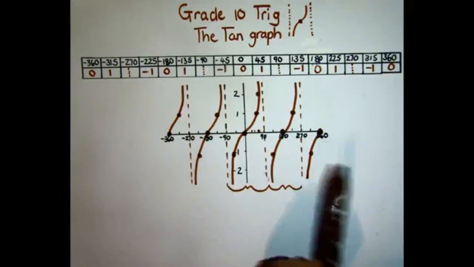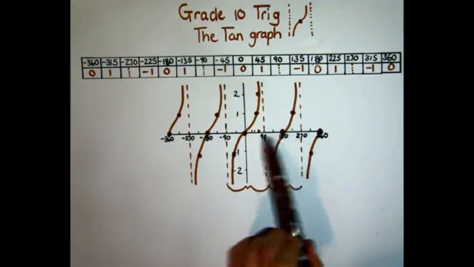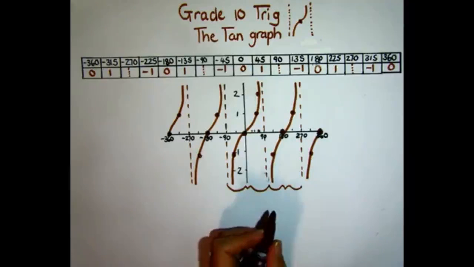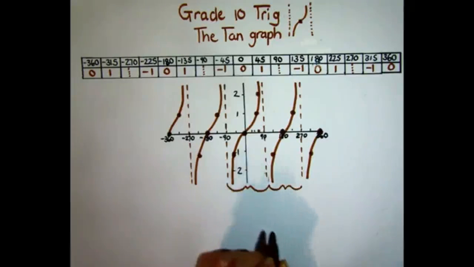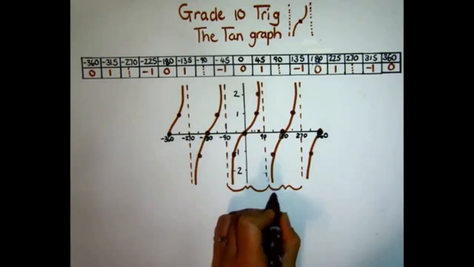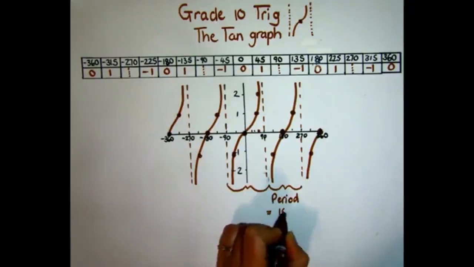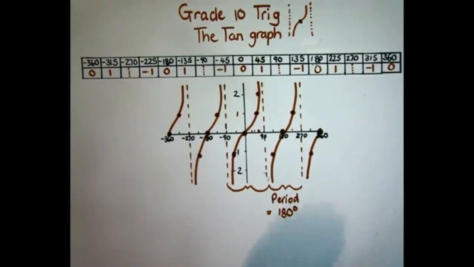How many degrees are there between 90 and 270? It's 180, right? So that means that the tan graph has a period of 180 degrees because it only takes 180 degrees to finish an entire shape. That's also what makes it really different to the sine and the cos graphs, who have a period each of 360 degrees.